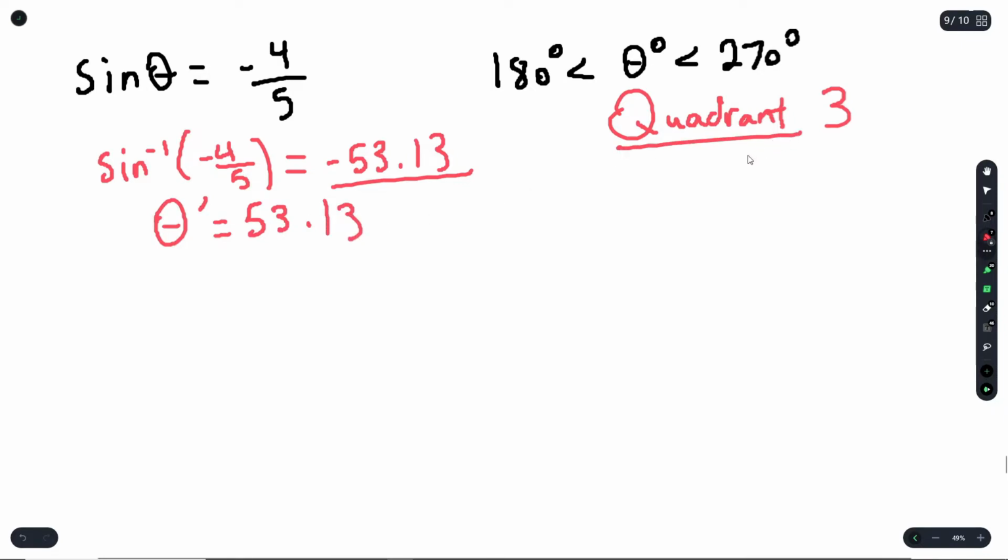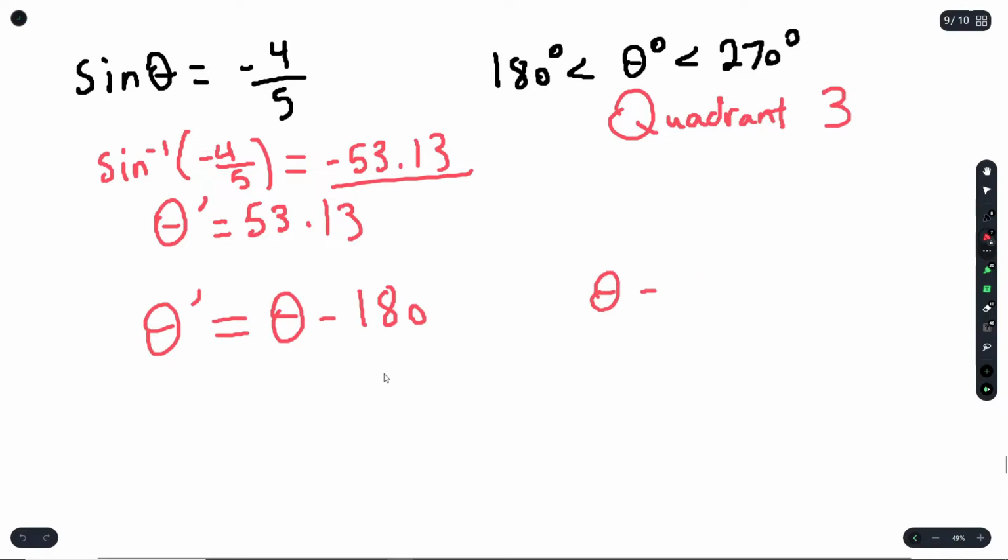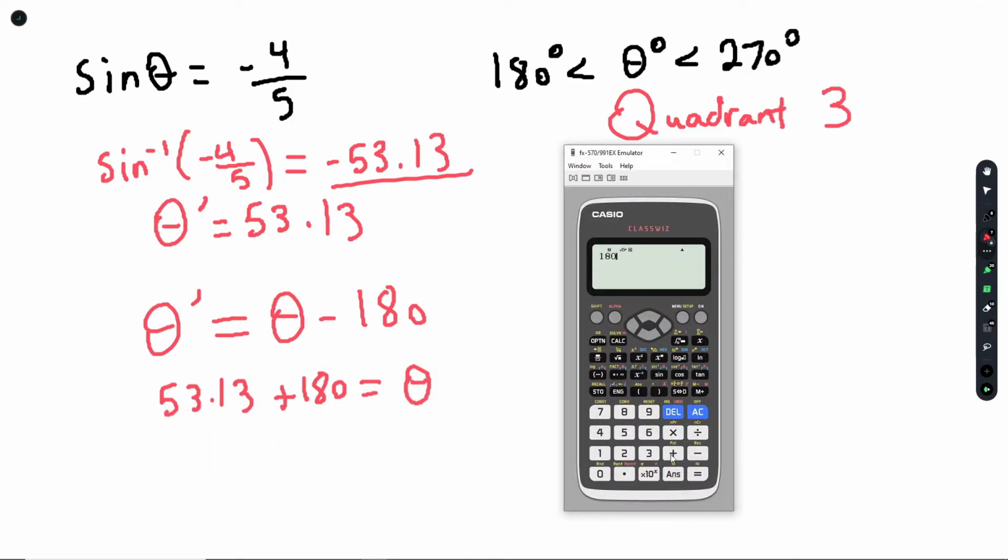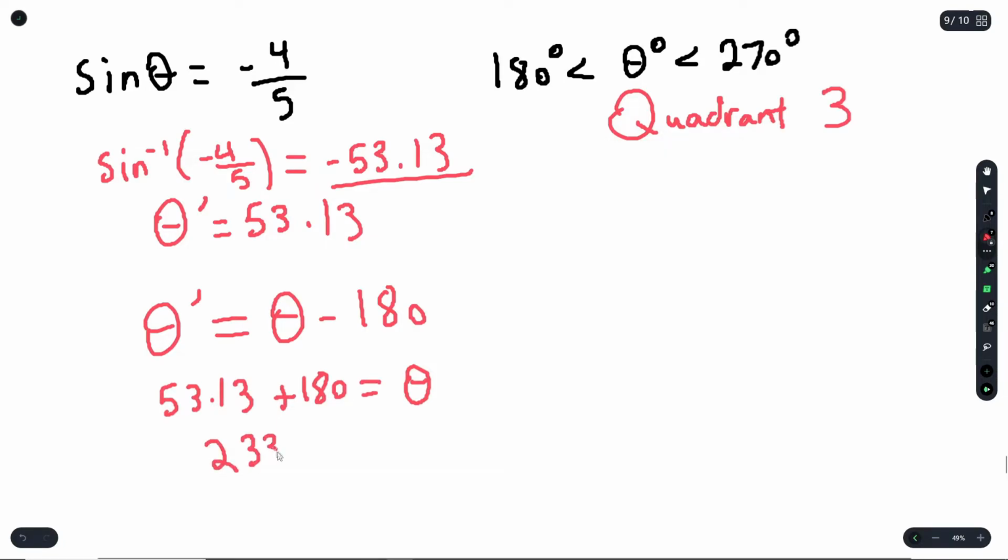Since it's in quadrant 3, we need the quadrant 3 formula, which is reference angle equal to the angle minus 180, or the angle minus pi in radian. So it would be 53.13 plus, I'll add 180 to the other side, so plus 180 equal theta. Then we just add it. So 180 plus 53.13, 233.13. That's our answer.